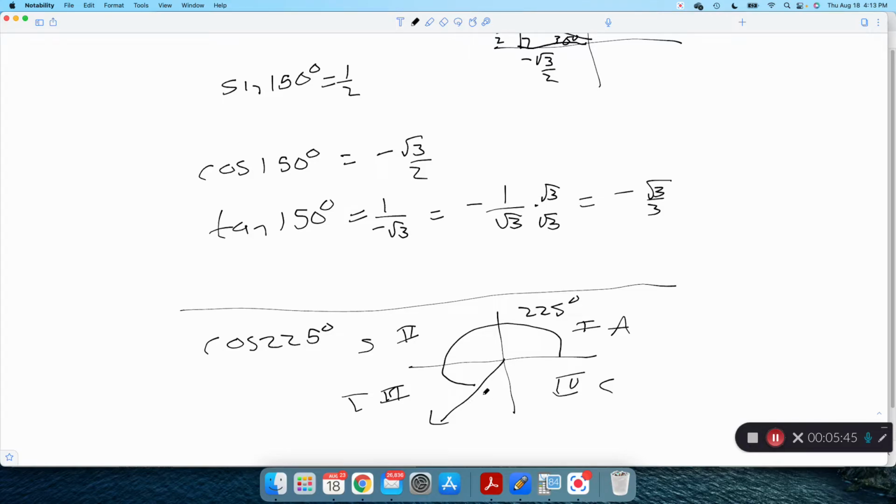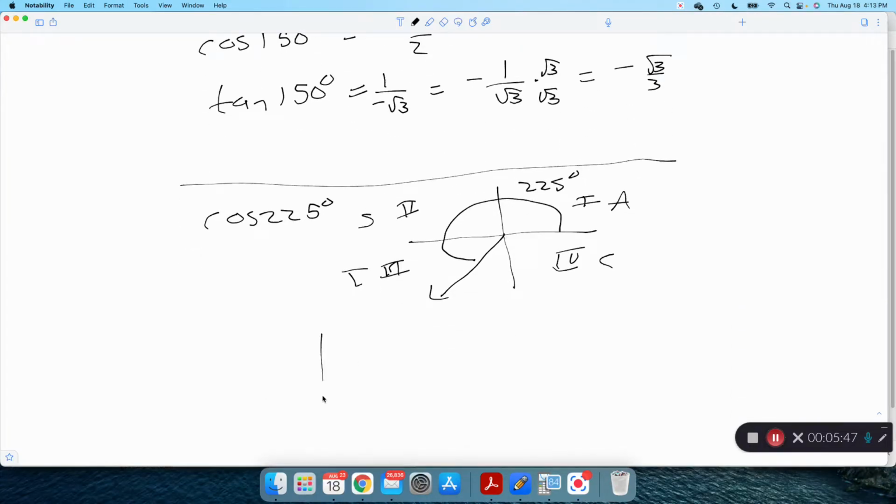Let's figure out what our little reference angle is here. So this would be 180. How much further did I go to get to 225? 225 minus 180 is 45 degrees. So my reference angle here is a 45 degree angle.